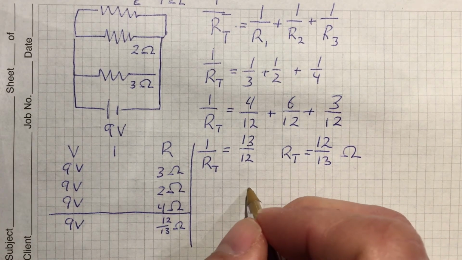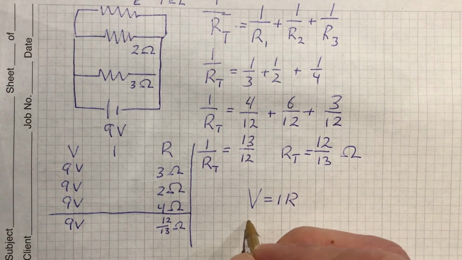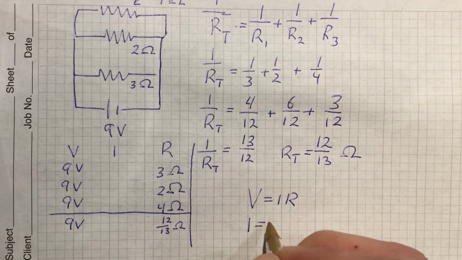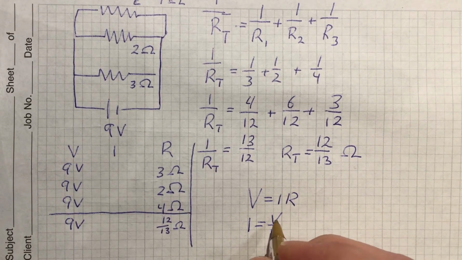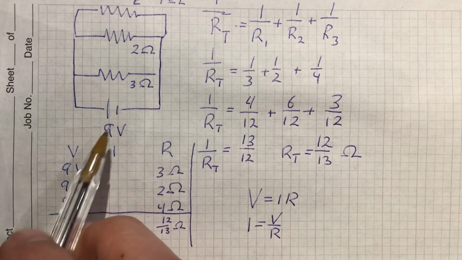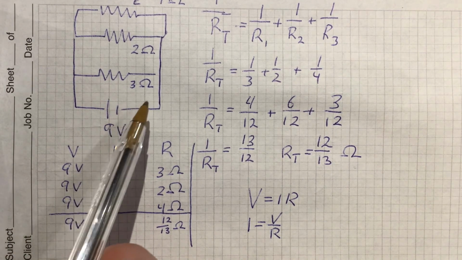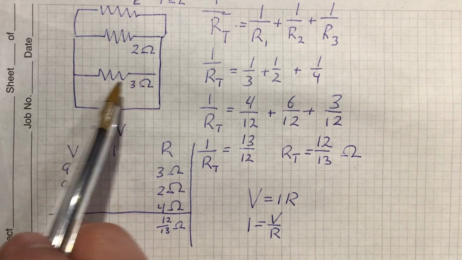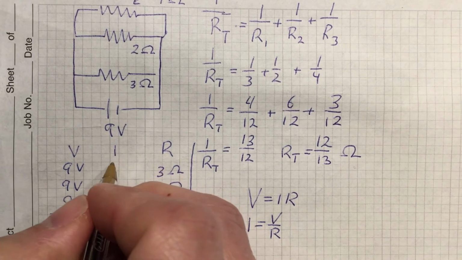Now keep in mind, V is IR. Rearranging this, I is going to be V divided by R. So if we looked at the amount of current that flows through our first path, here through our 3 ohm resistor, we could say that I, the current, is going to be the voltage divided by the resistance.